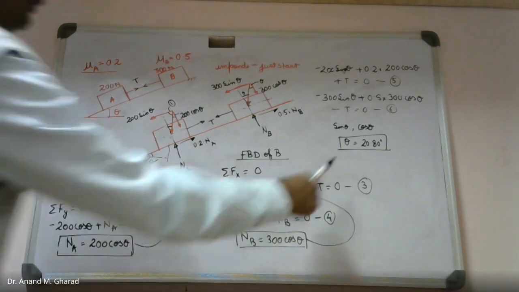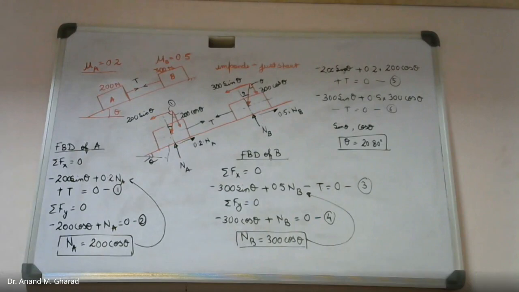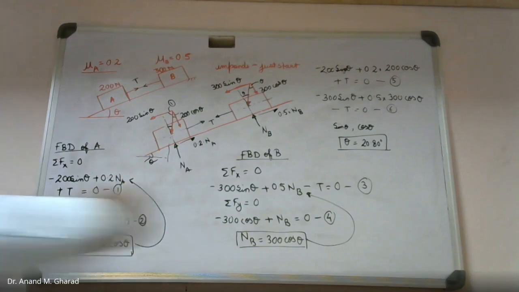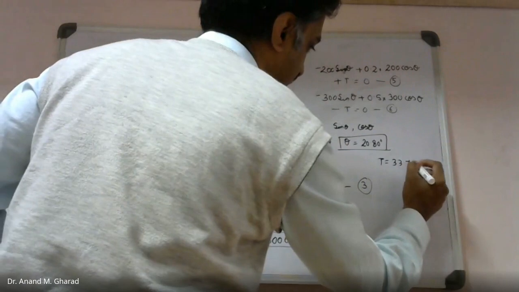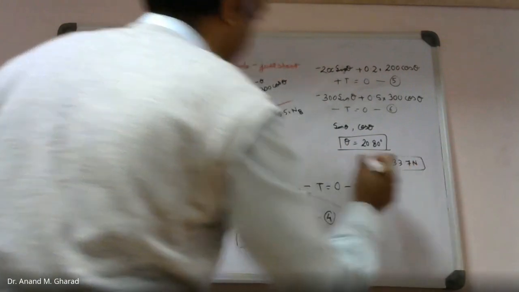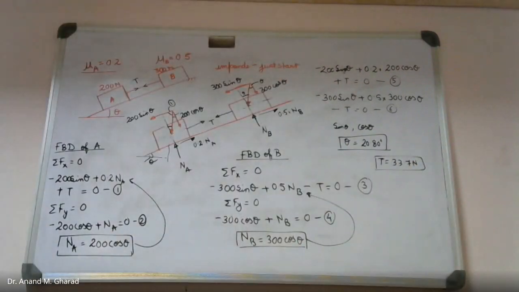Just substitute the value of theta in any equation and you will get the T value. 33.69. 33.7, correct. T is 33.7. Correct. Good.